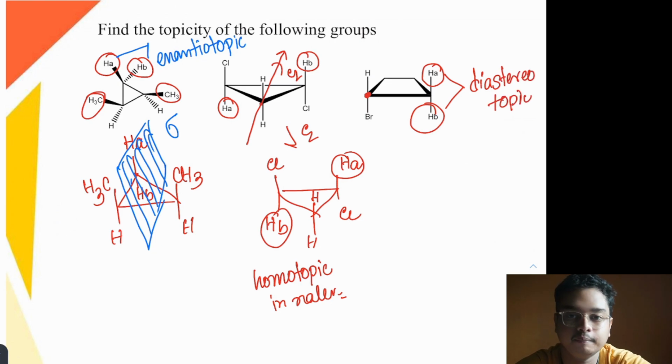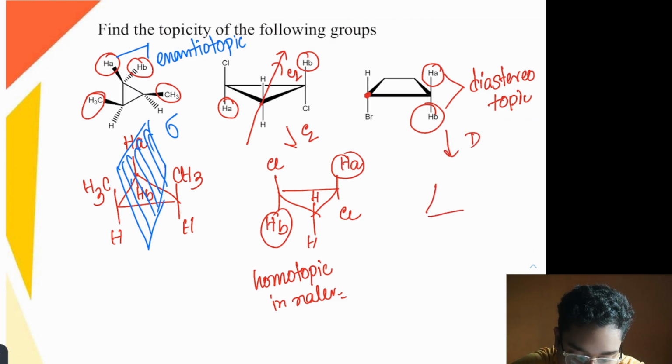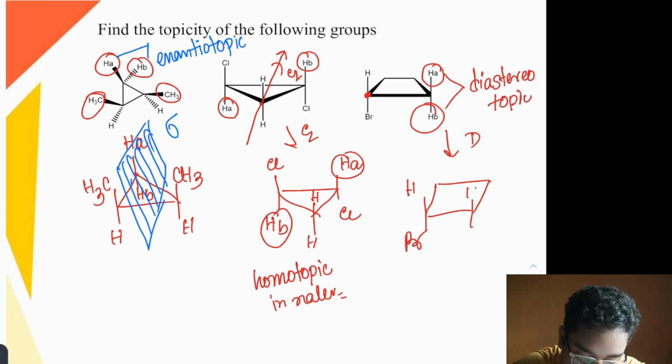As simple as that. But if you go by the substitution criteria, you can see that if we change one of the H with any kind of substituent, let us say D, then this particular center also becomes a chiral center.